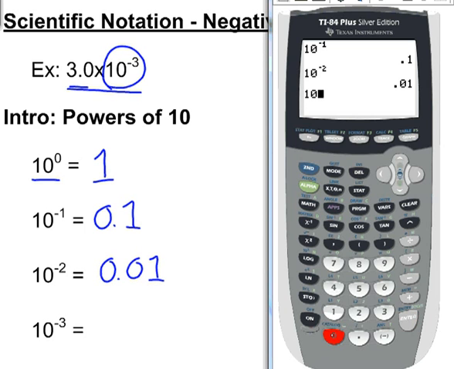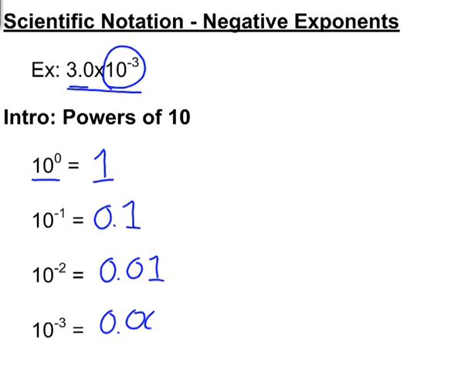And 10 to the exponent of negative 3 is equal to 0.001.